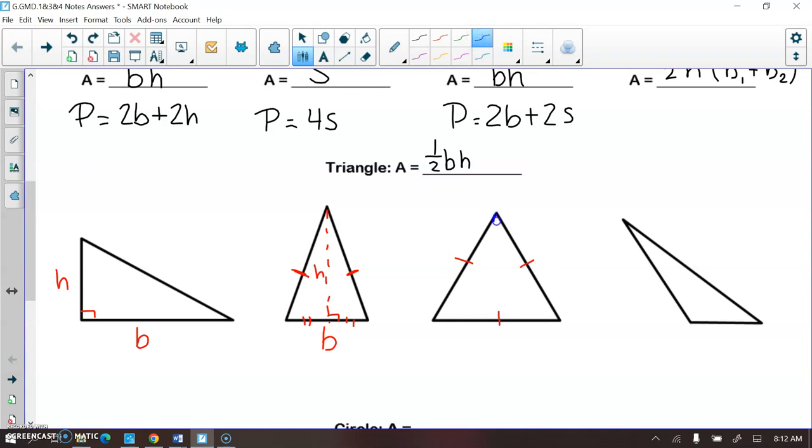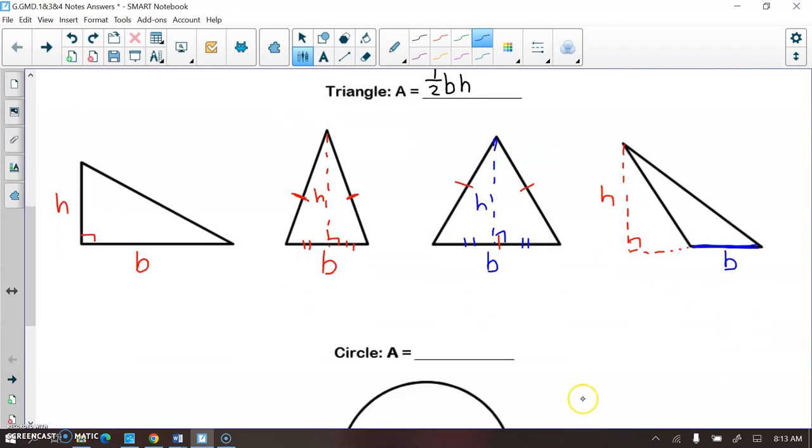Your height is perpendicular to one of the sides, and it also bisects the base. And then lastly, on a triangle that looks like this, your height may be drawn outside of your triangle, but it is still perpendicular to the base. But keep in mind that your base is only this portion here. It does not include the dotted line.